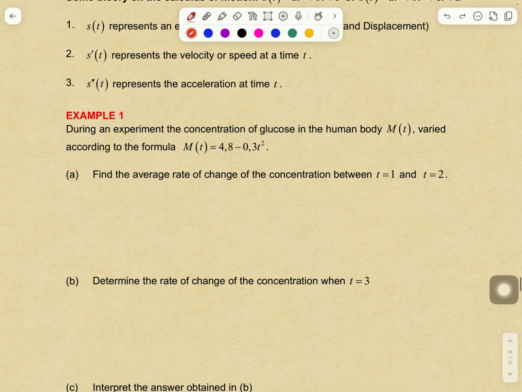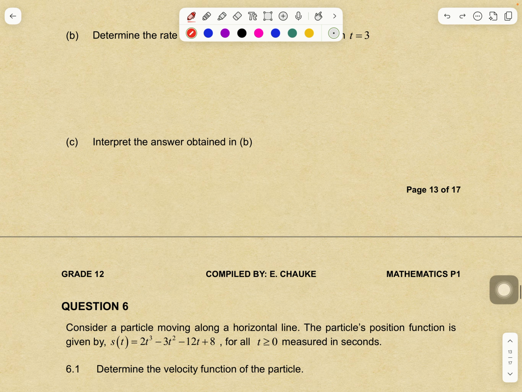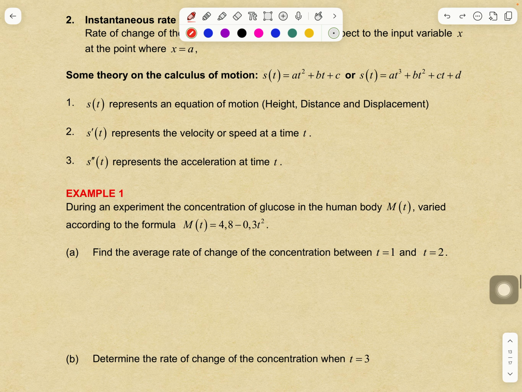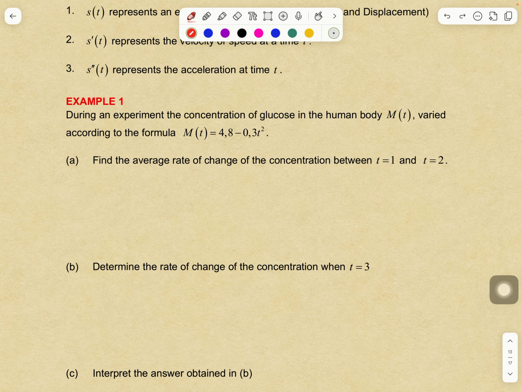So I have a few examples that I've compiled here, and I want us to do them together. Now, the first one, they say, during an experiment, the concentration of glucose in the human body is given by M of t, which is given by the formula M of t equals 4,8 minus 0,3t squared.